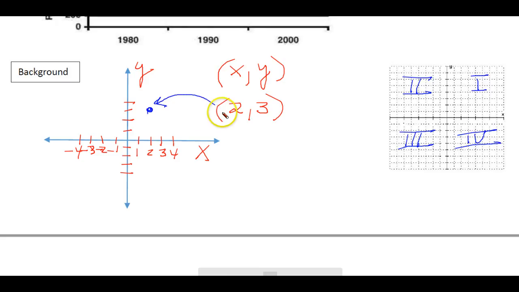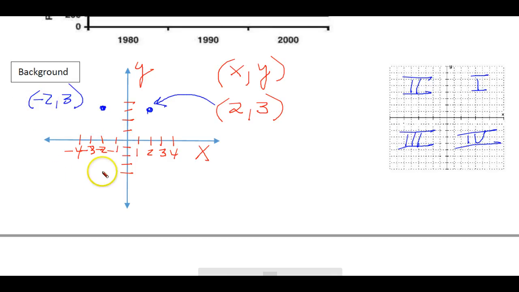Now, as you can see, with 2 pluses for x and y values, this is in the first quadrant. This point in the second quadrant would be a -2 and a 3. That would be a second quadrant where the x term is negative.